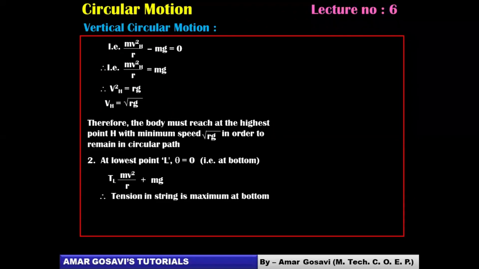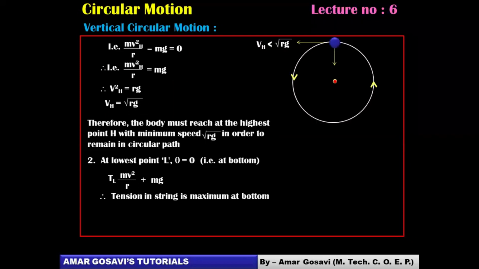Then the tension would be, there is no reduction between the two forces. In fact, there is addition between the two forces. So obviously the tension will be maximum at the bottom. Whenever it comes to circular motion, specifically vertical circular motion, you should understand one thing: at the top the tension would be minimum, that is 0, whereas at the bottom the tension will be maximum.